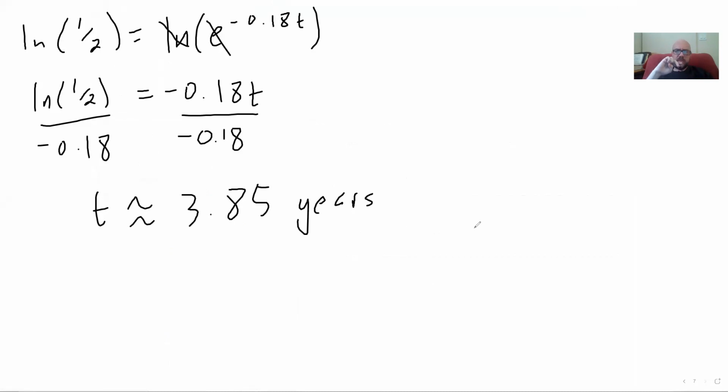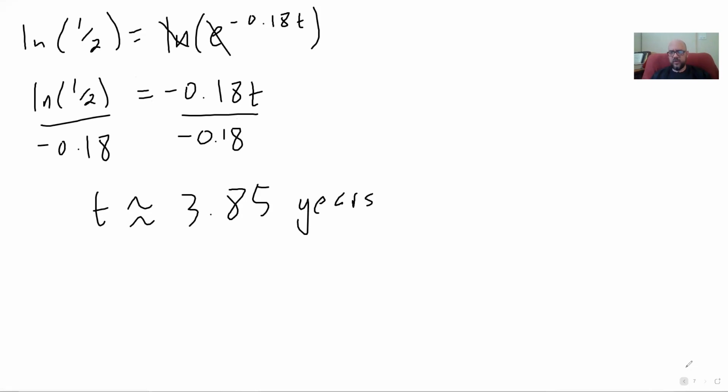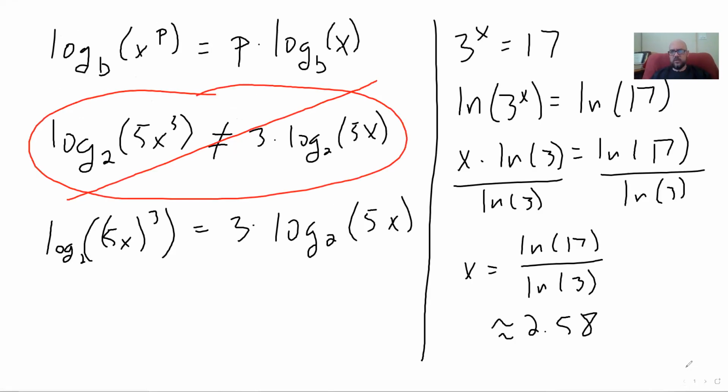Okay. That's all I really want to say about the power property. Notice that I'm using the power property each time to get the exponent out. I was not using it explicitly, right? The power property actually says you can pull the exponent out and use it as a factor. It says basically if what's inside the parentheses is raised to a power, then you can pull the power out.